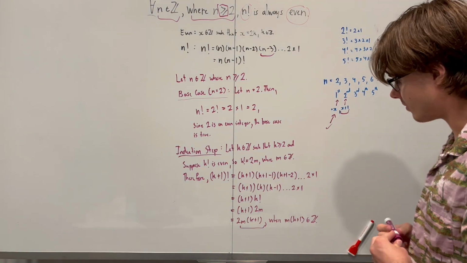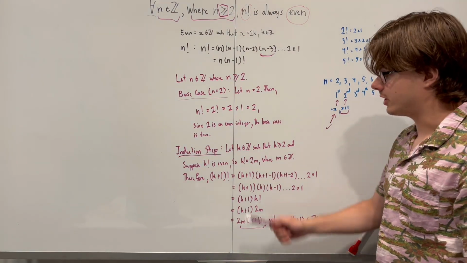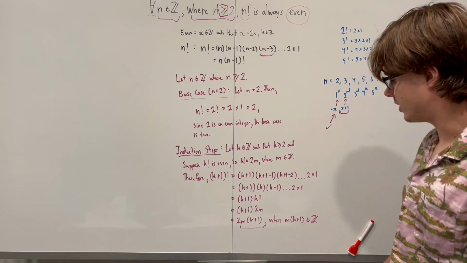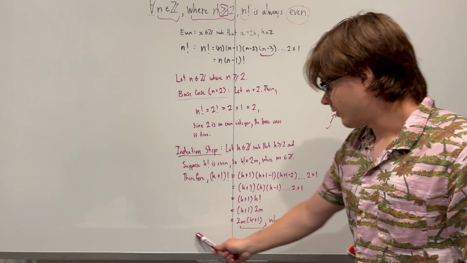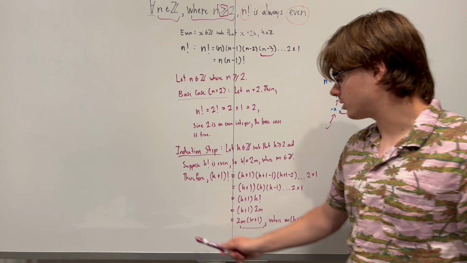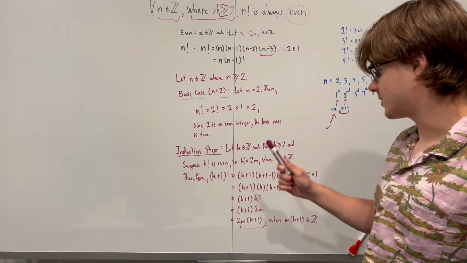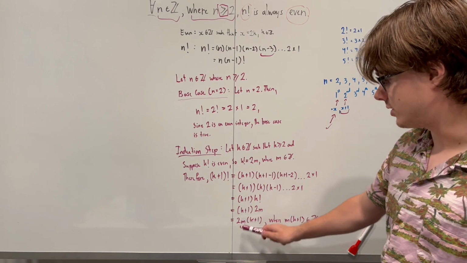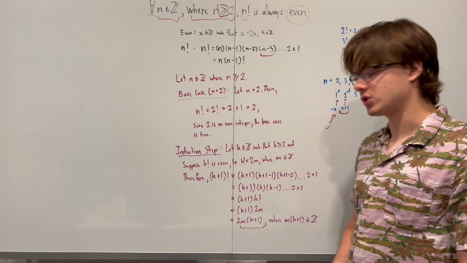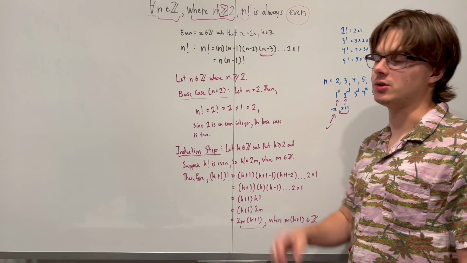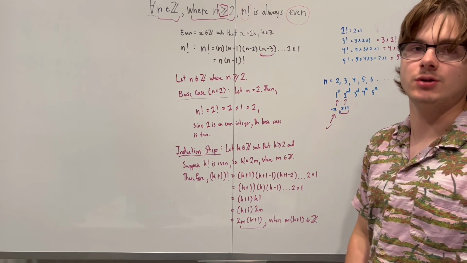Fantastic. Now you want to conclude your induction step. You want to say, therefore, or in conclusion, k plus 1 factorial is even, because k plus 1 factorial is equal to 2m times k plus 1, where m times k plus 1 is an integer.